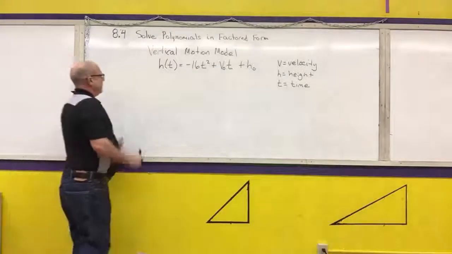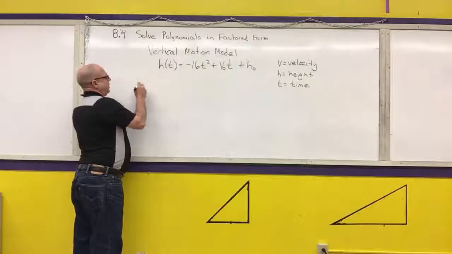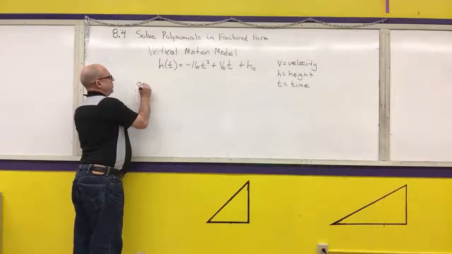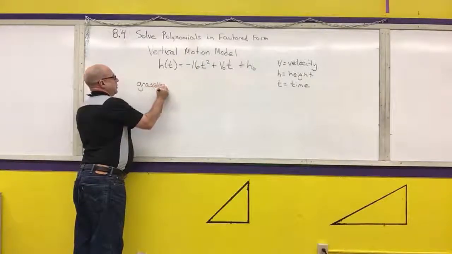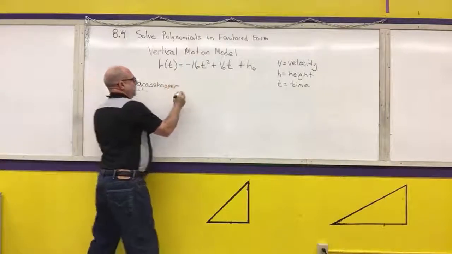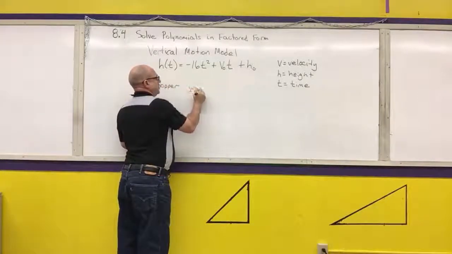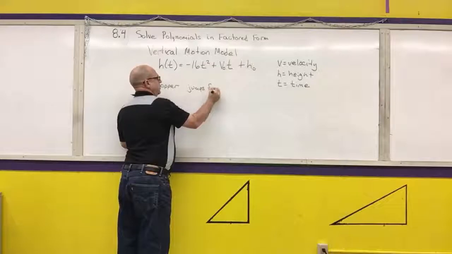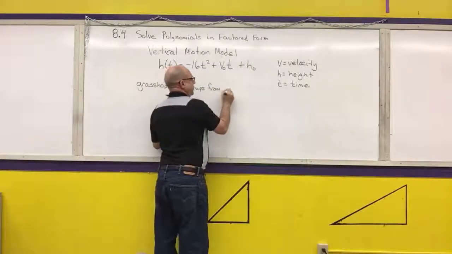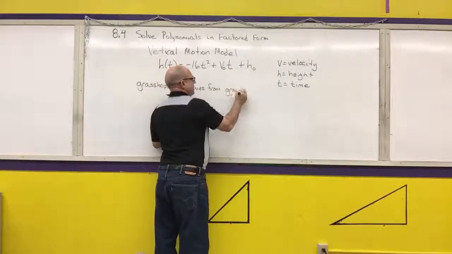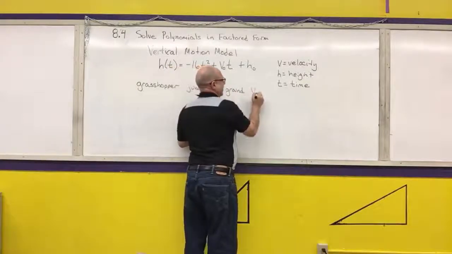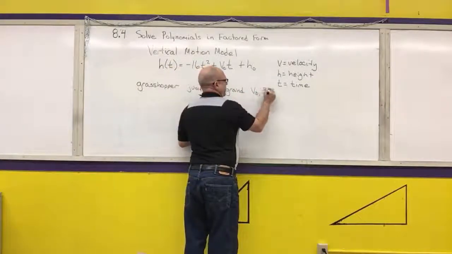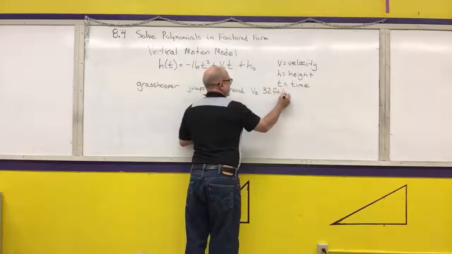For example, if you have a grasshopper that jumps from the ground with an initial velocity of 32 feet per second.